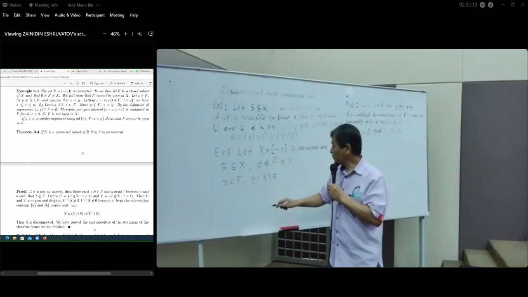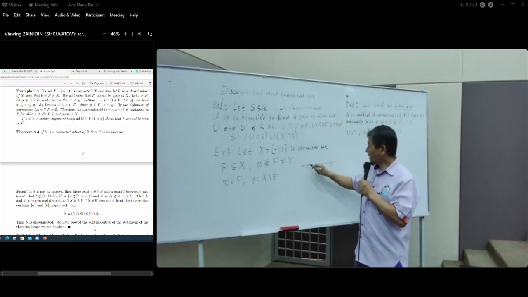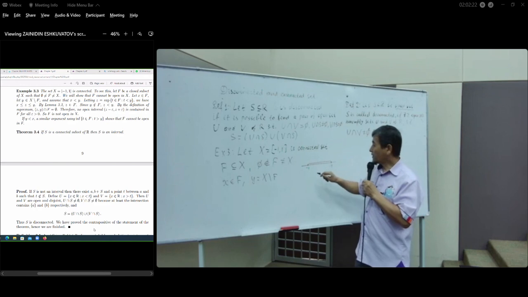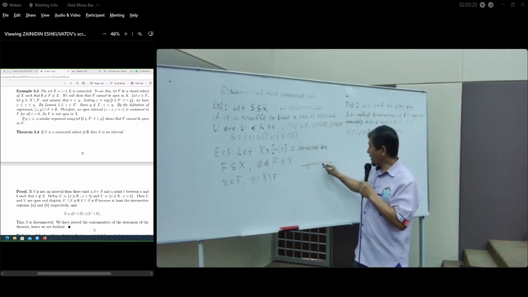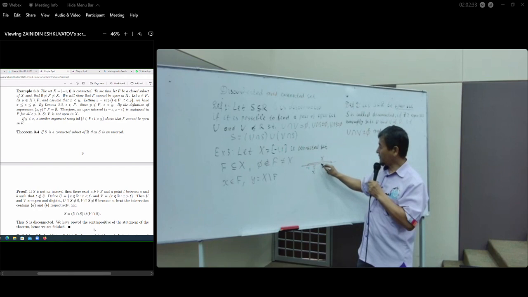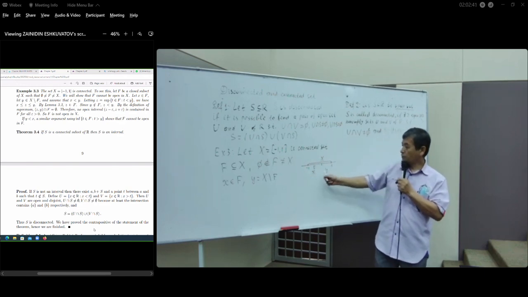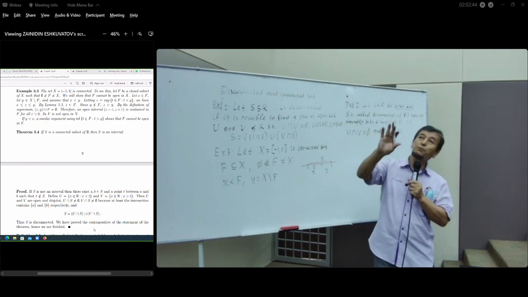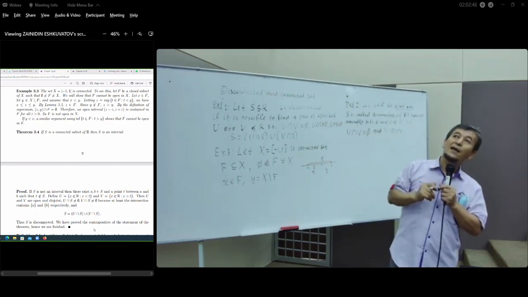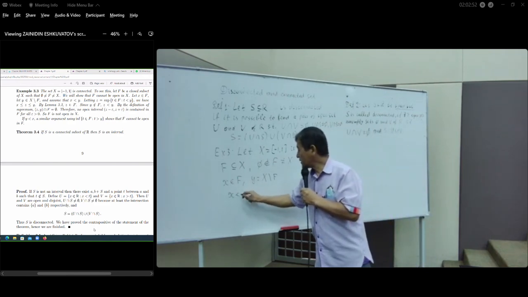So we have minus 1, 1. This is our interval, and this is capital X. Let's say this part is F. So x lies in here, and y lies here, in X minus F. So we are taking two points from the set, and x is less than y.